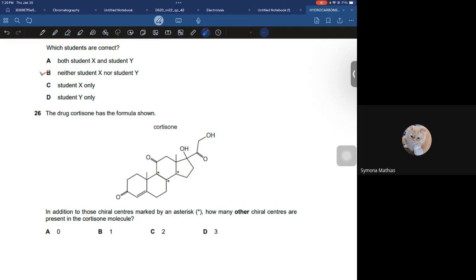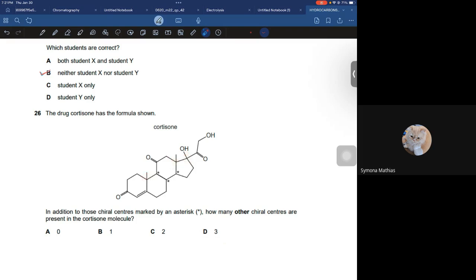They are asking, in addition to those chiral centers marked by an asterisk, how many other chiral centers are present in the cortisone molecule? This is chiral, this is chiral, this is chiral, right? Three chiral centers. One, two, three.